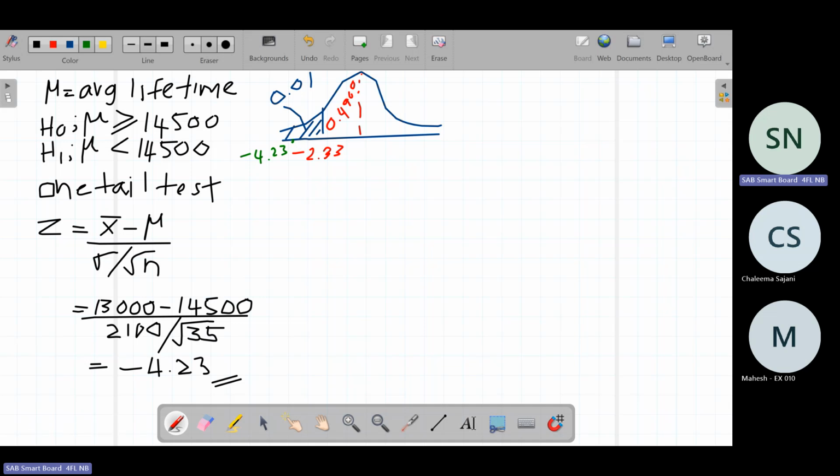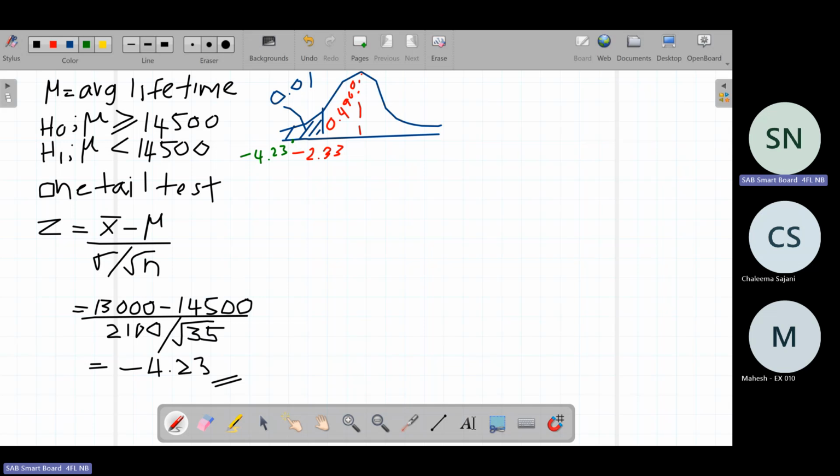Then how do we write the decision? In the decision, we need to mention whether H naught is rejected or not rejected. According to this one, H naught is rejected. Then you write the decision: test statistic, within brackets, minus 4.23, is fallen into the rejection region.